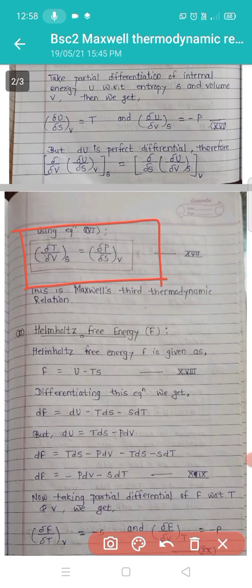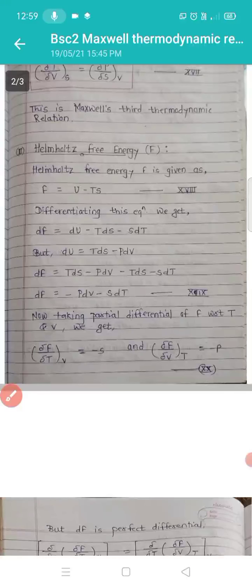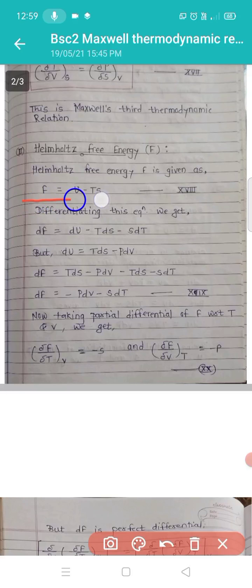Then next part is Helmholtz free energy. Helmholtz free energy is given by F is equal to U minus TS. Here U is the internal energy, T is the temperature, S is the entropy. Now differentiating this equation we get dF is equal to dU minus T dS minus S dT.